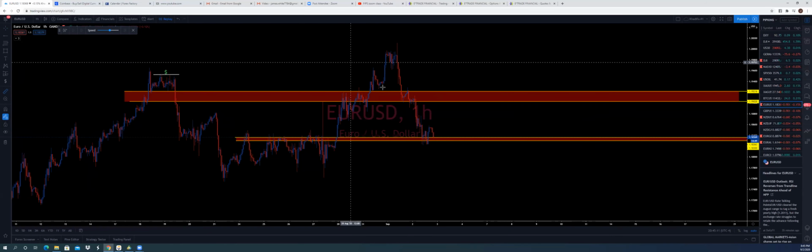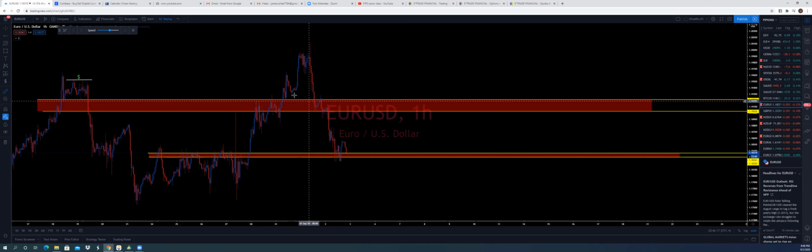So once we see price reverse, come down, take out this low and make a lower low, then we wait for the reversal. I probably would have got in right here. I would have had a little bit of drawdown, about 11 or 12 pips, and then went straight into profit down to about 80 pips. So that's cool.